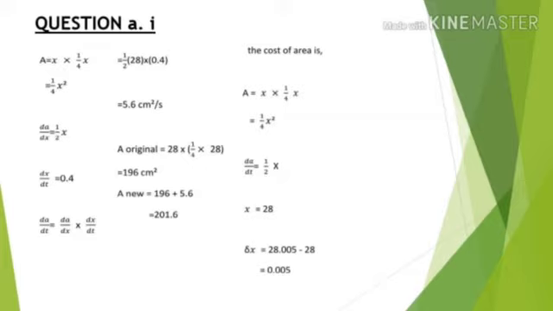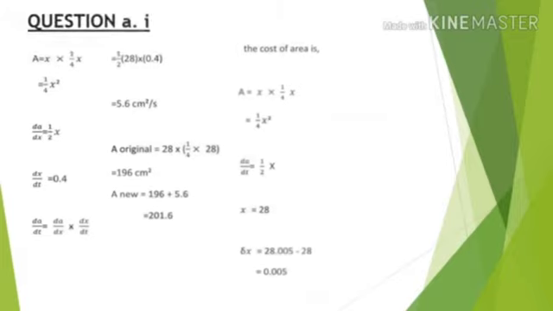The delta x is equal to 0.005, and then we can calculate the new area, which is equal to the original area plus dA over dx times delta x, which when we insert the numbers, we will get 196.07.